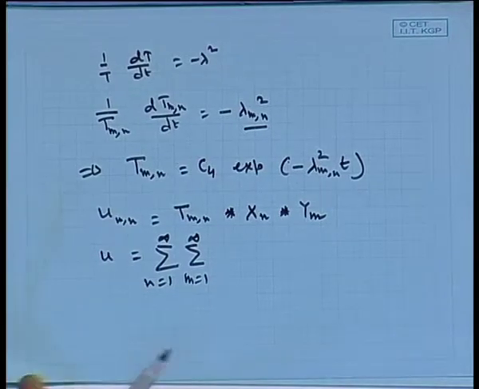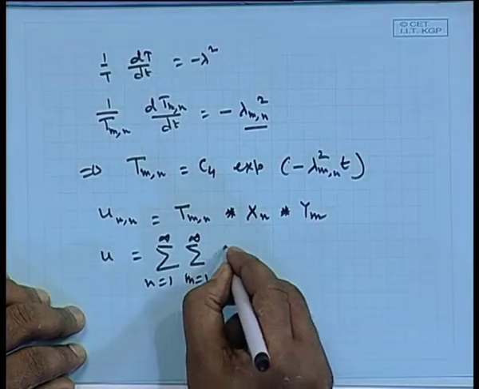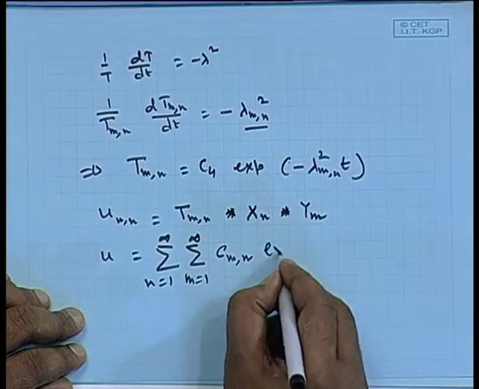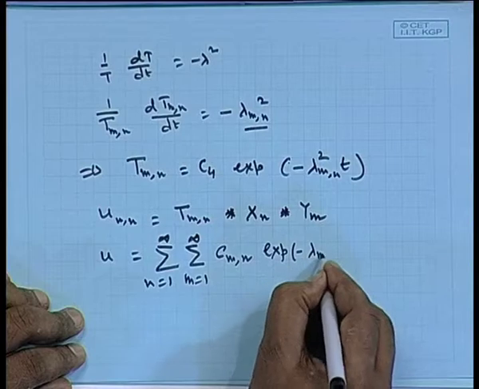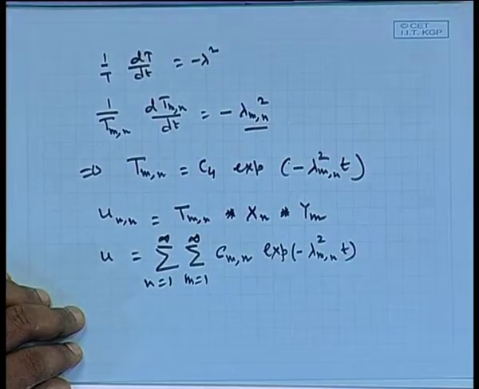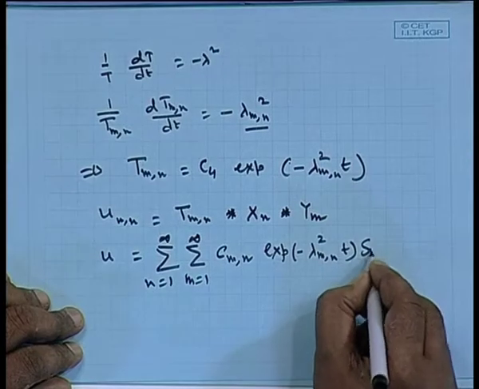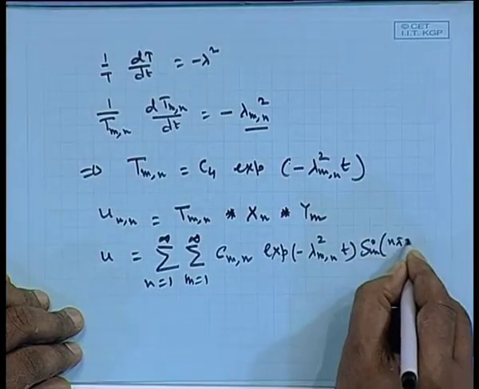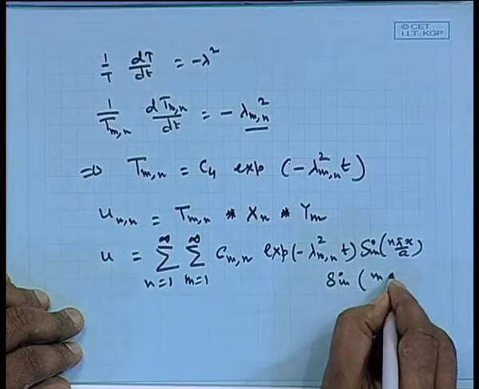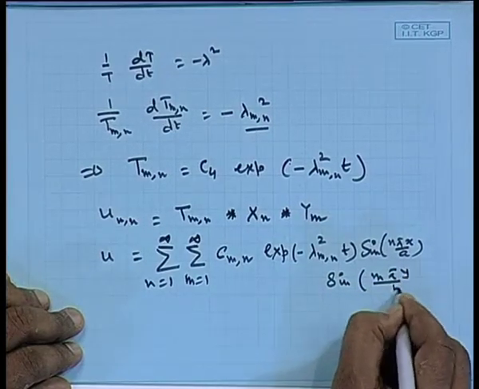So, it will be a product of 3 constants. Let us say this constant is Cmn. So, it will be exponential minus lambda mn square times t, sin n pi x by a, sin m pi y by b.